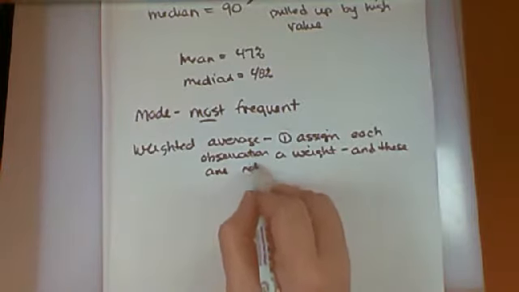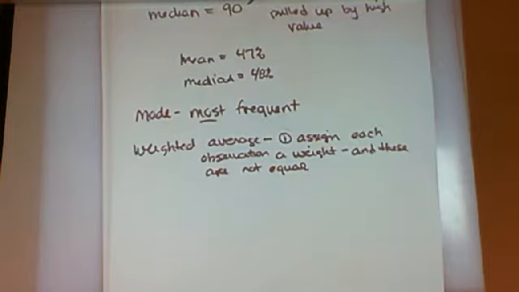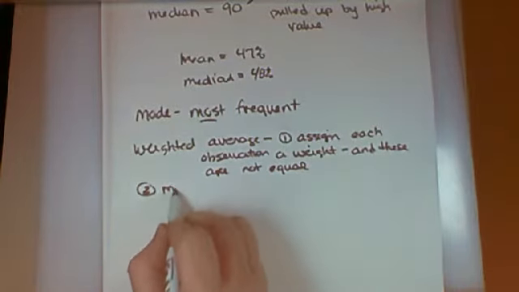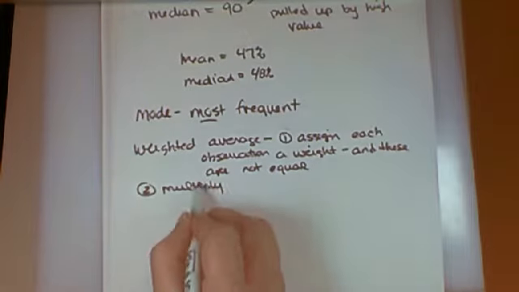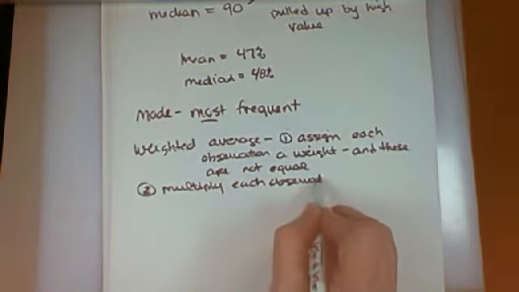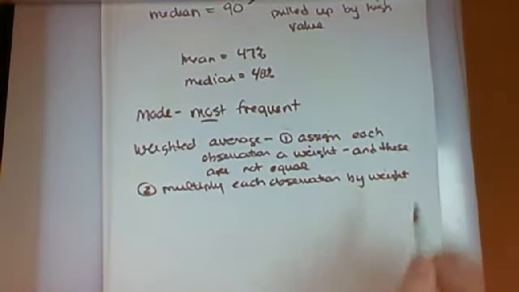So some observations are weighted more heavily than others. So you assign each observation a weight. Then step 2, you multiply each observation by the weight. Okay?